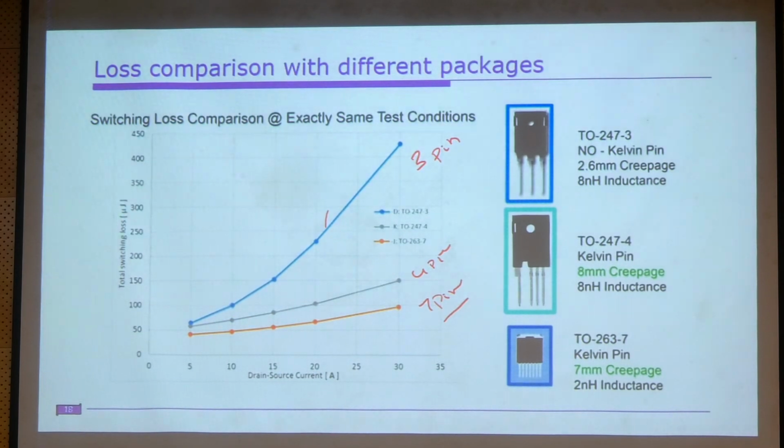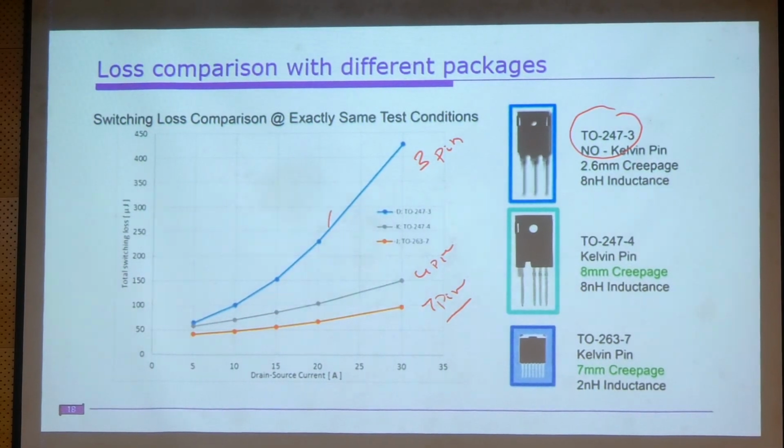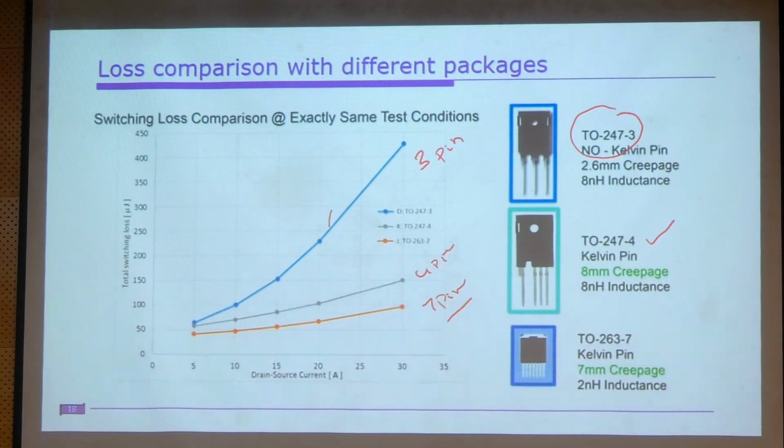This one is normally the TO-247-3 structure, this is TO-247-4, and this is the TO-263-7 structure. In all automobiles nowadays, they are using this kind of switches.